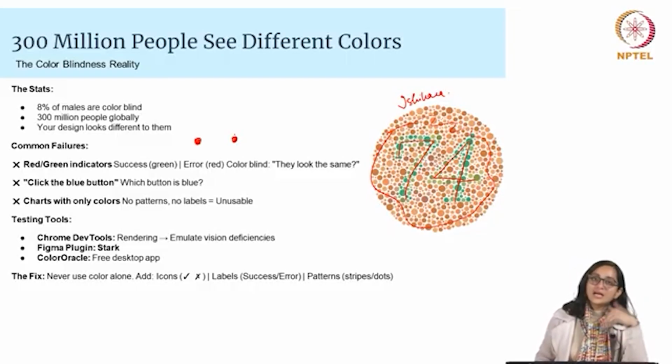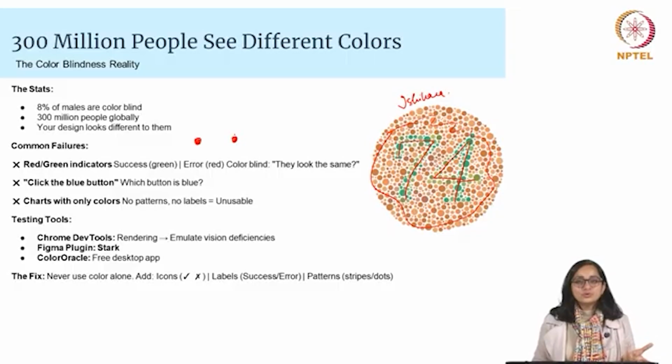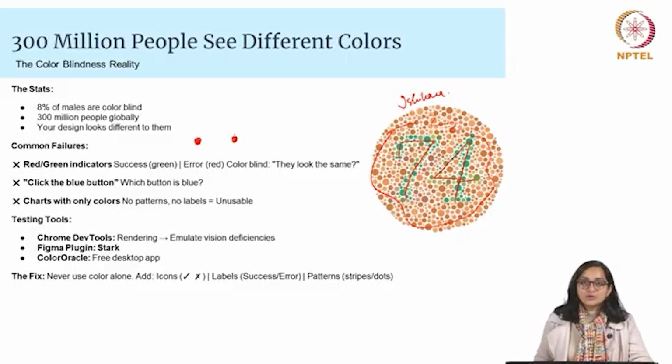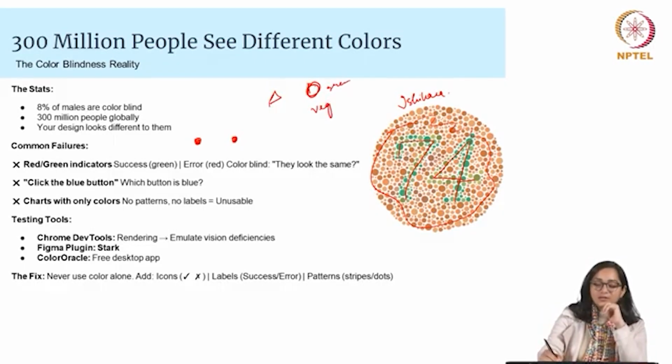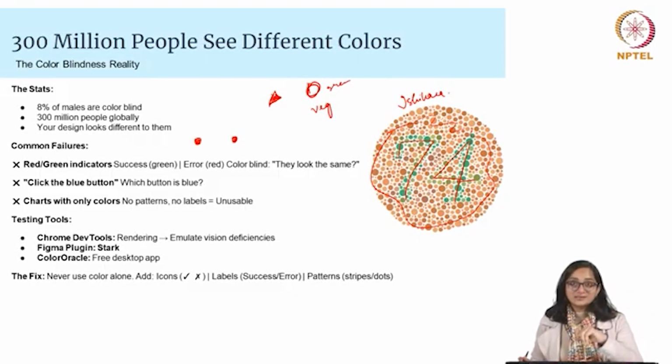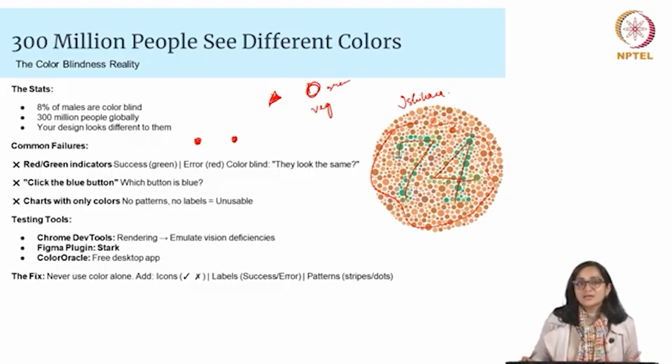But for a colorblind user, they look the same. So how would they differentiate between veg and non-veg? Eventually it was changed to color as well as differentiation of shape. So now veg is a green dot and non-veg is a red triangle. Even if you're colorblind, you can rely on the shape differentiation.